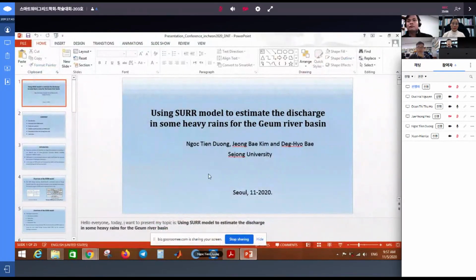Hello everyone. Today I want to present my topic about using the SUR model to estimate the discharge in some heavy rainy events for Gulf River Basin.